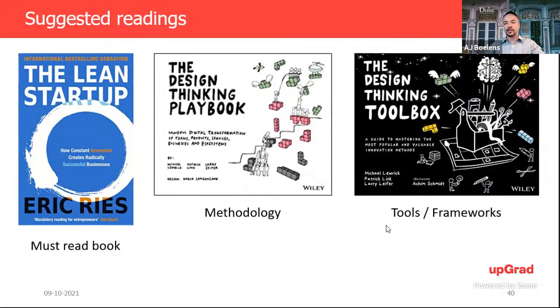And then the other version is really about the tools and the frameworks, is the Design Thinking Toolbox. So again, these are two great books, which I can really, really highly recommend that you guys get if you're going to be doing product management and going through design thinking. These are must-have resources, I think.